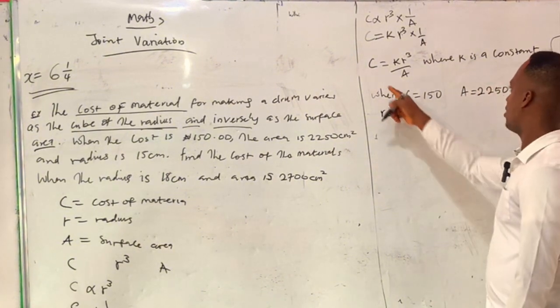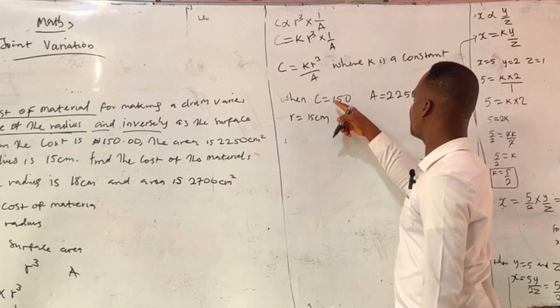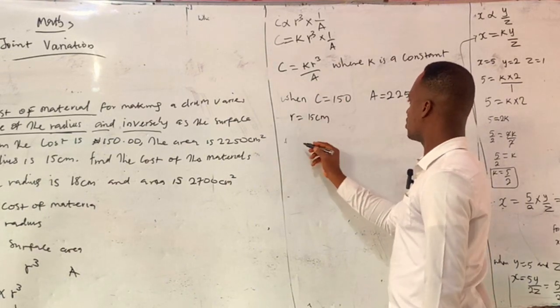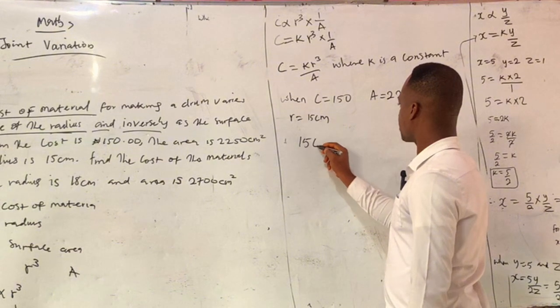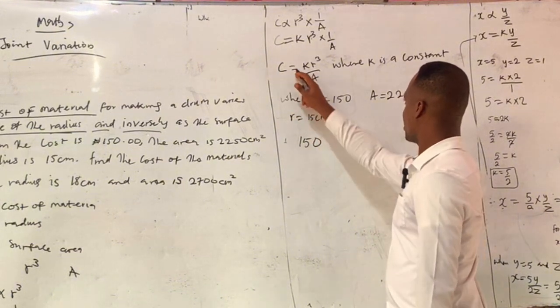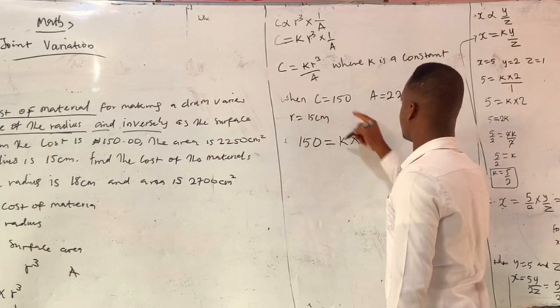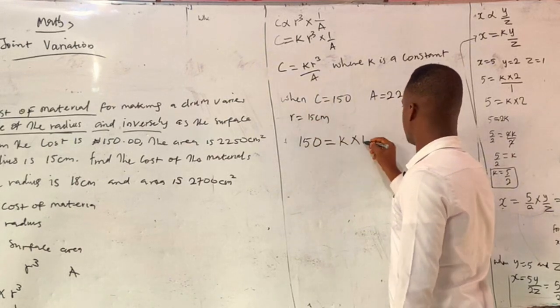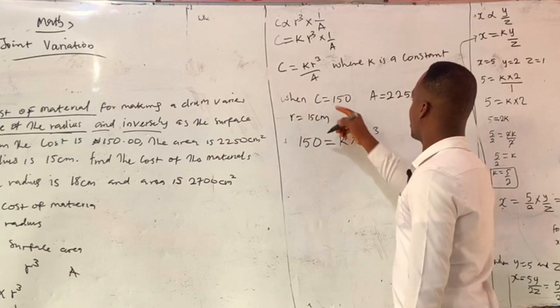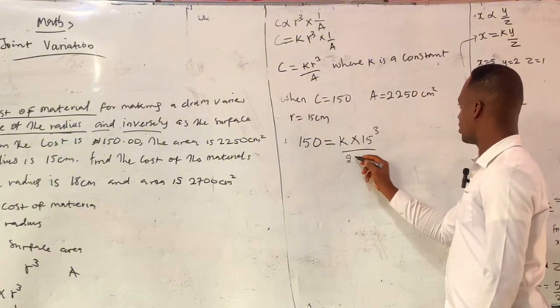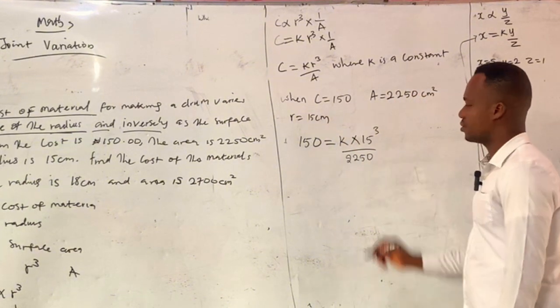So anywhere we see C, we impute 150; A, we impute 2,250; R, we impute 15. So 150 is equal to K times R, which is 15 cubed, and then A is 2,250.